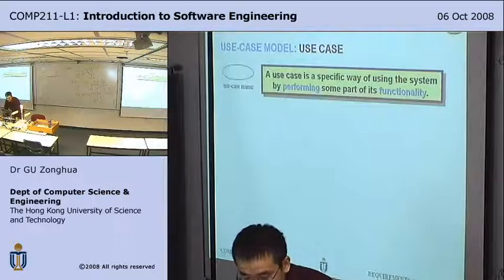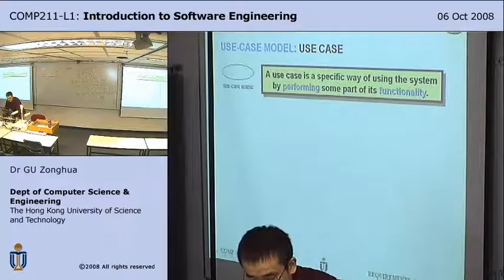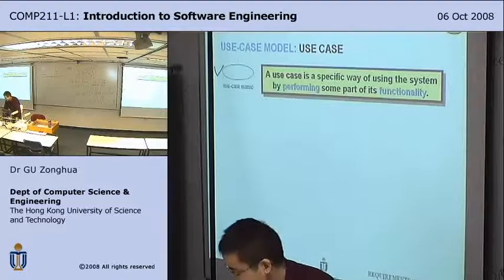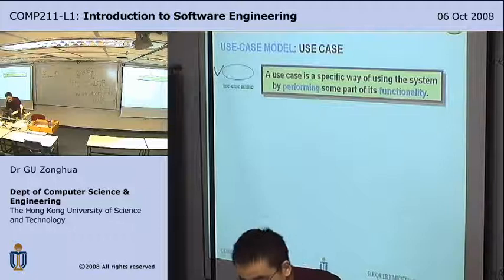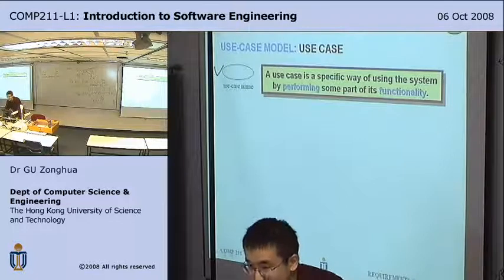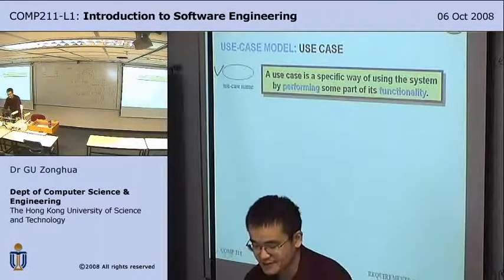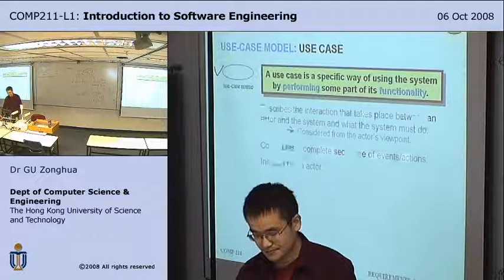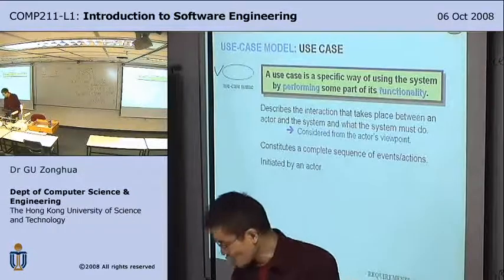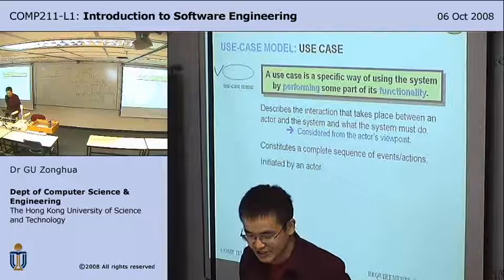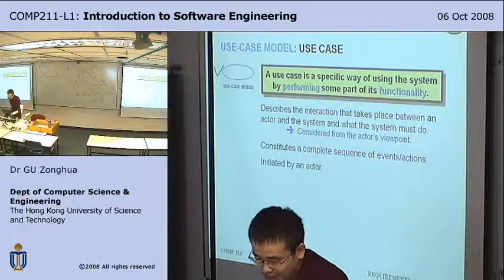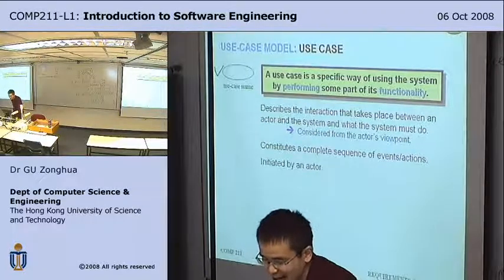A use case looks like this in notation. It's another stereotype representing a special class. It's a specific way of using the system by performing some part of its functionality. It describes the interaction that takes place between an actor and the system, and what the system must do, considered from the actor's point of view.